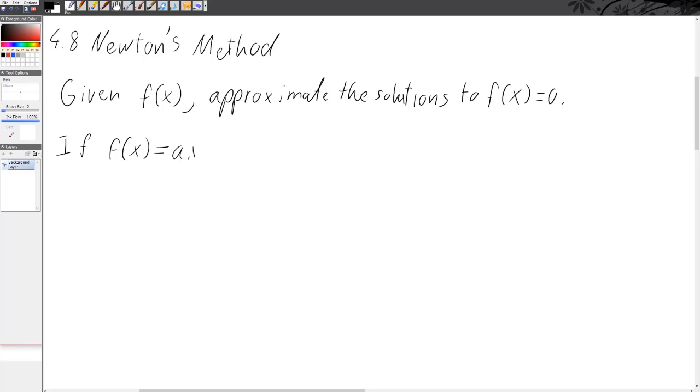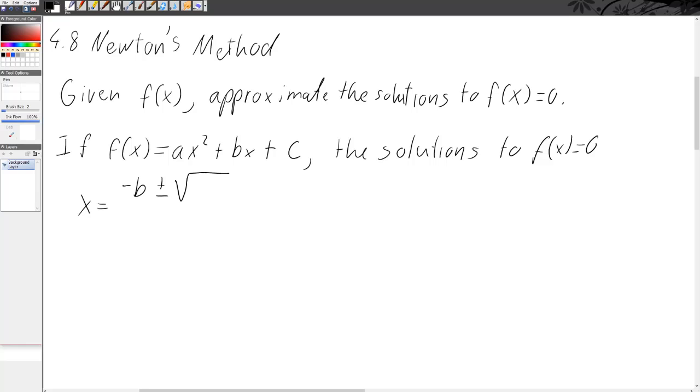If f of x is some quadratic equation, ax squared plus bx plus c, well, the solution to f of x equal to 0 is going to be given by the quadratic formula. x is equal to negative b plus or minus the square root of b squared minus 4ac all over 2a. For cubic and for quartic equation, we also have some similar formula, but we won't talk about that here.